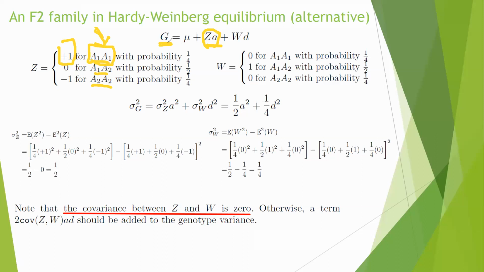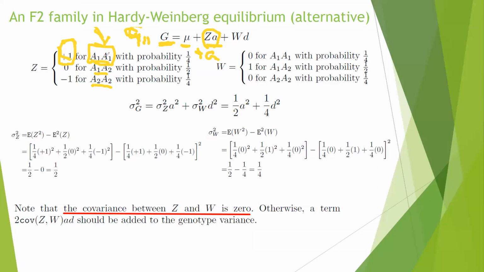For example, if this is the phenotypic value for A1, then it consists of the midpoint, mu, plus a, so we put a +1 here.